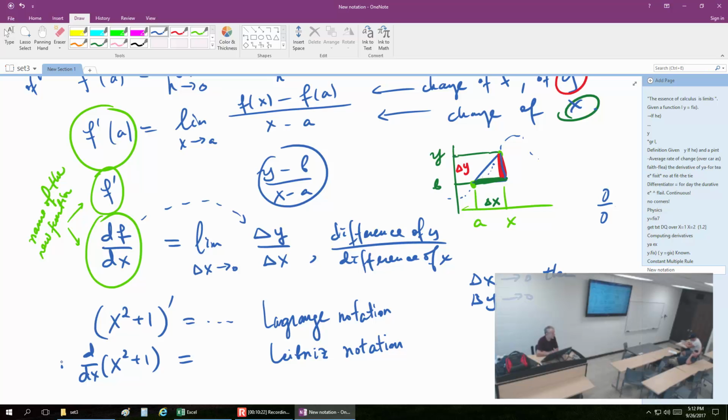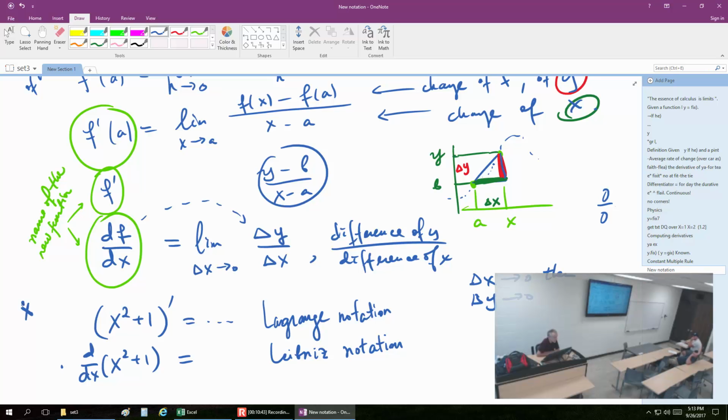Or he didn't really have a lot of notation. Sometimes, when he spoke of physics, he would use a dot above the symbol to indicate the derivative. So if x is your location on the x-axis, then x dot is the velocity, and x double dot is the acceleration.